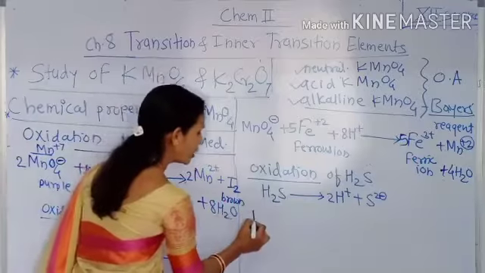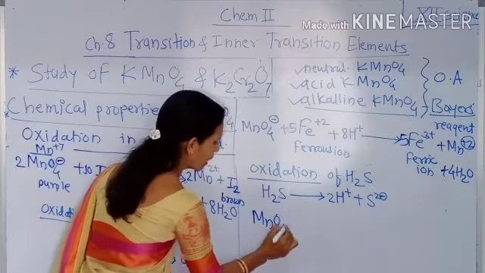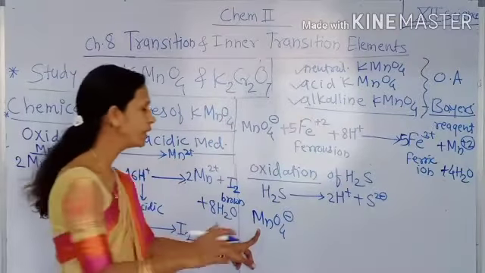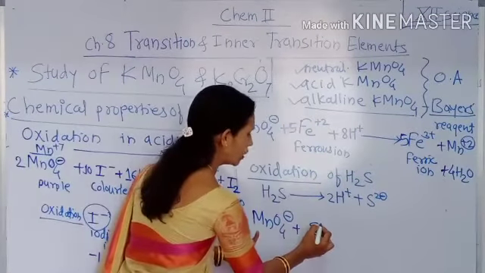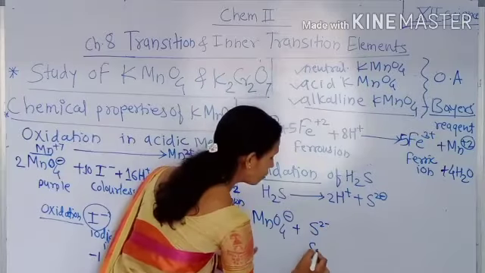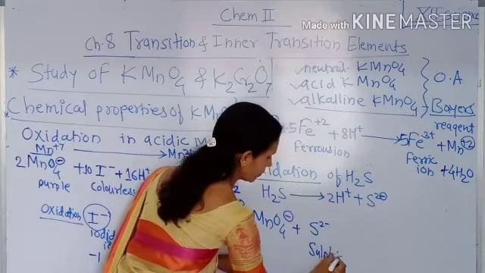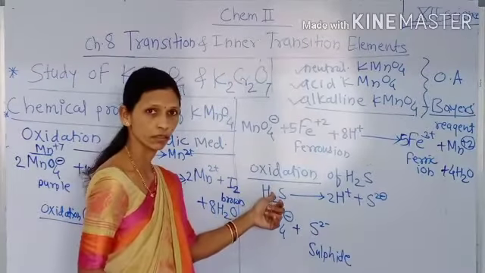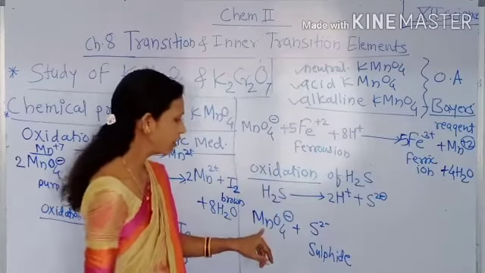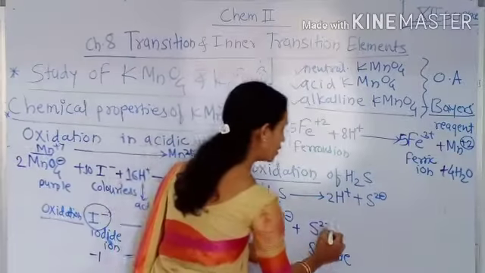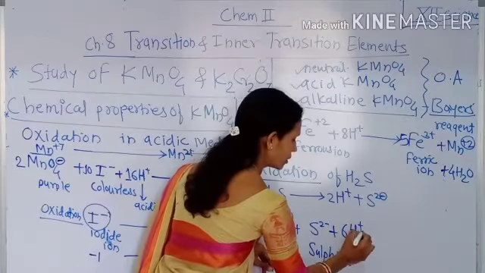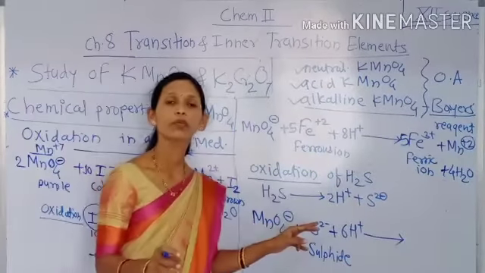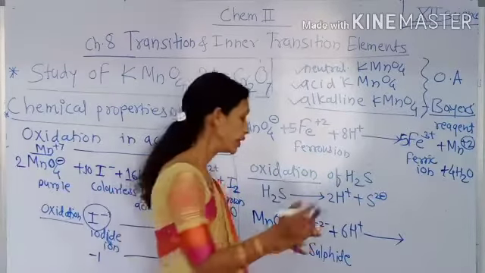Then the MnO4 minus ion, that is the permanganate ion, oxidizes the S2 minus, that is the sulfide ion of the H2S solution, isn't it? Then it oxidizes in acidic medium. Therefore, with 6H plus, the S2 minus ion is converted into its molecular form.